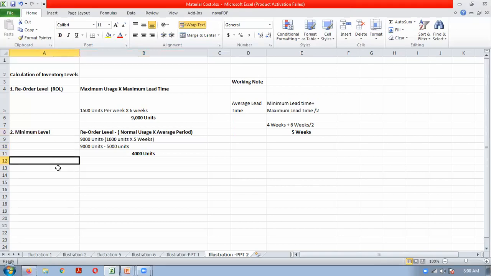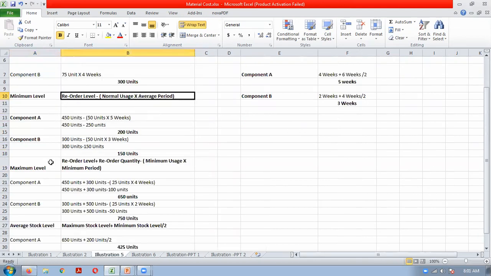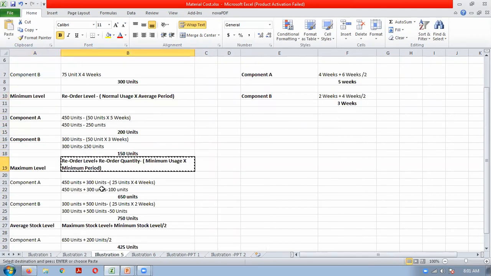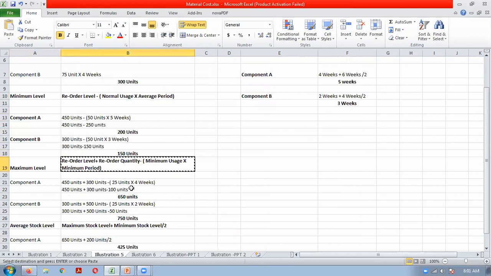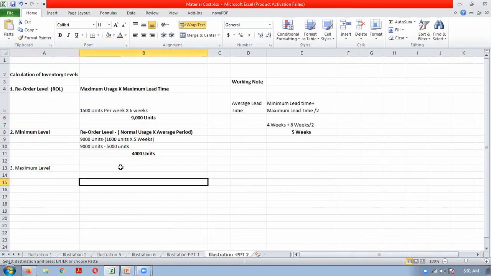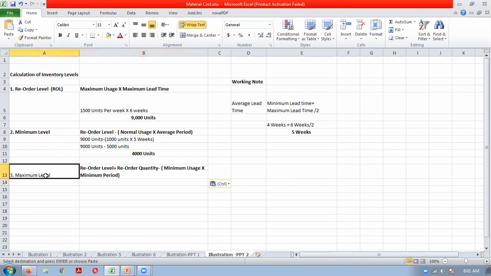Okay. So minimum level we have calculated. Now we can calculate the maximum level. What is the formula for maximum level? Those who have learned the formula, for them this will be very simple. Maximum level formula is reorder level plus reorder quantity minus minimum usage into minimum lead time.